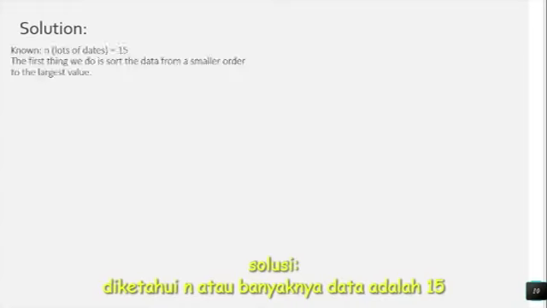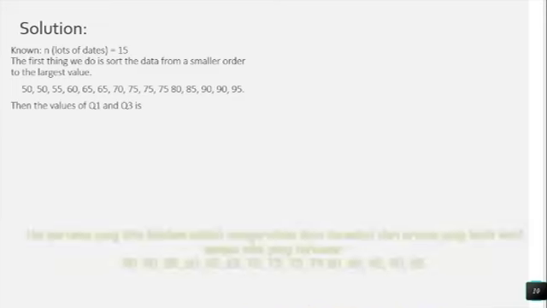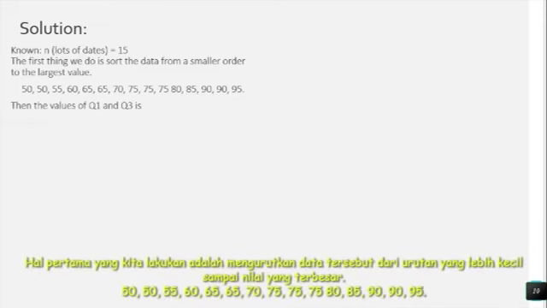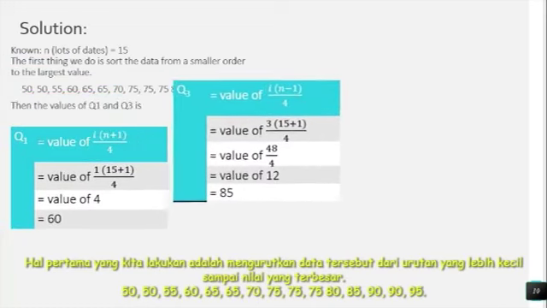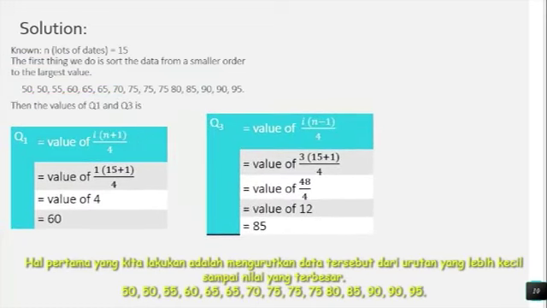Solution. Now, n, or the amount of data, equals 15. The first thing we do is sort the data from the smallest to the largest value.